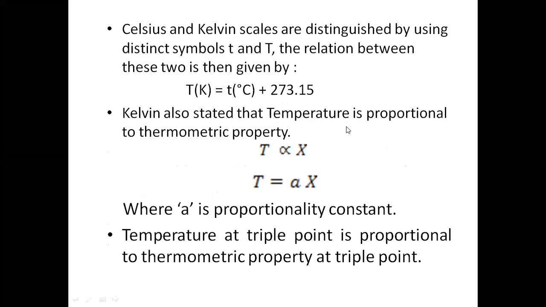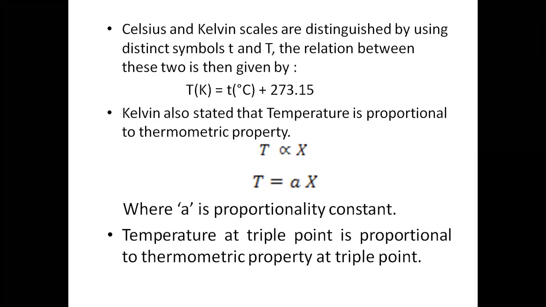Now the Celsius or centigrade scale and the Kelvin scale are distinguished by using the symbols small t and capital T. The relation between these two is temperature in Kelvin equal to temperature in degree centigrade plus 273.16. No, we should not add 273.16.